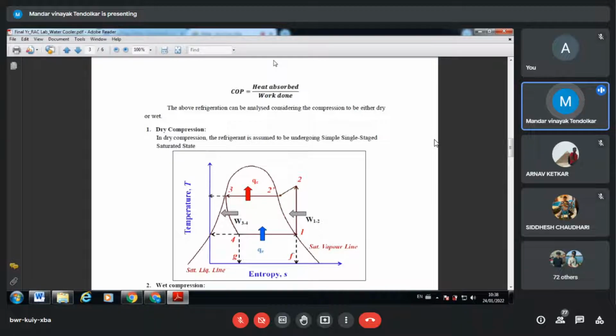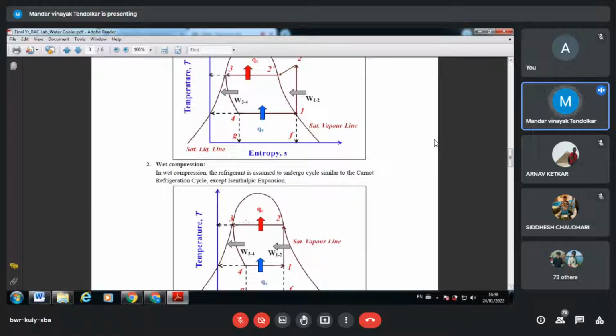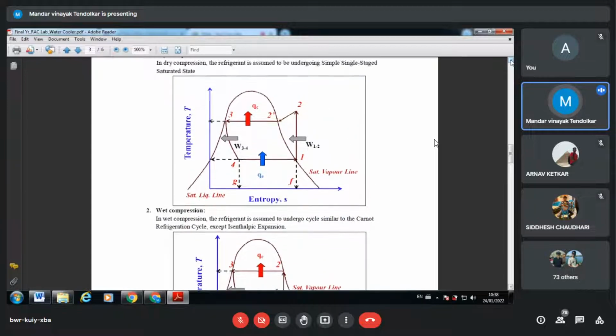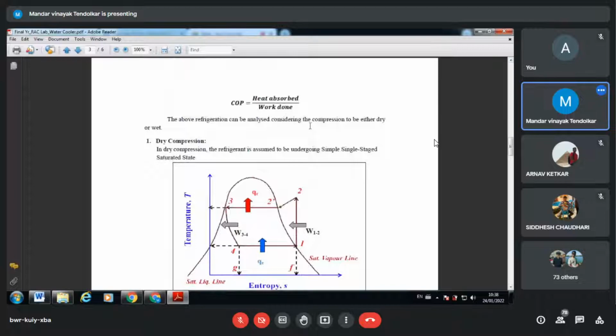In other words, let us take some values. Let's say the dry saturated compression COP would be 4. Then wet compression, naturally, is lesser, so let's say 2. Then if the practical value comes out to be 3.5, I will say that my compression process is somewhere between the wet and the dry.